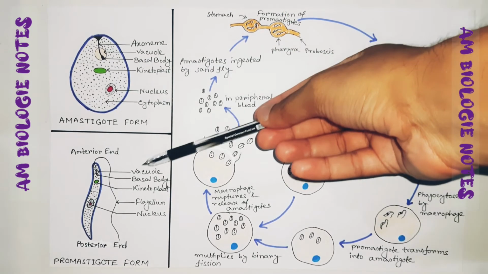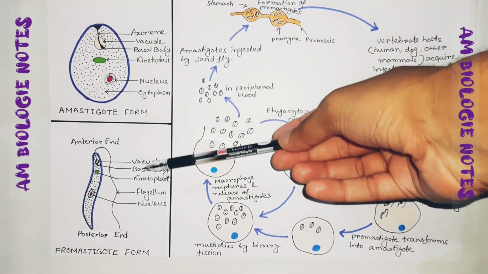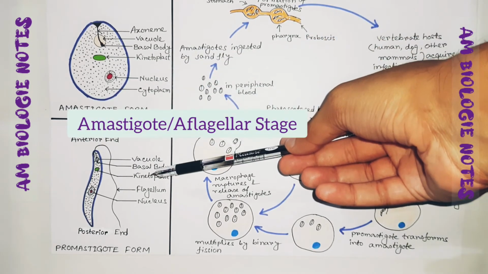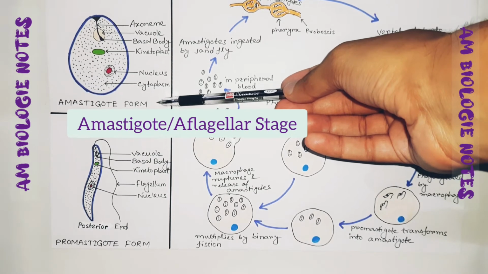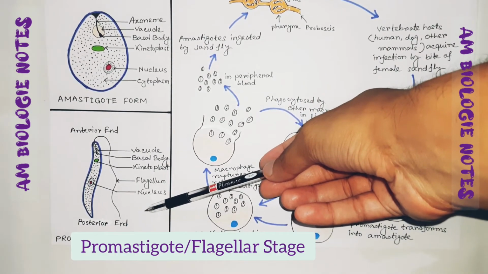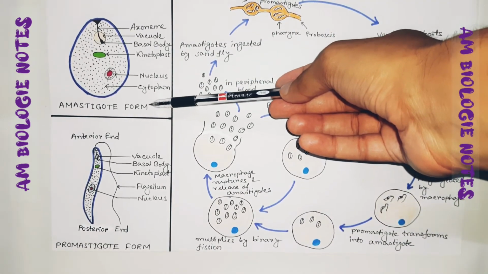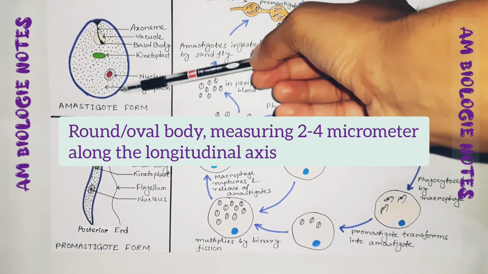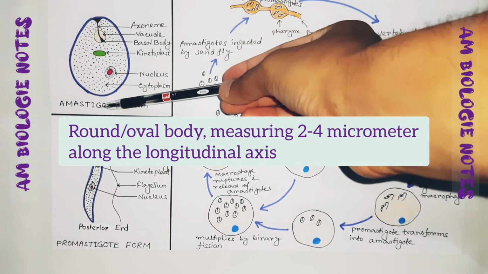In this diagram, I will discuss the morphological characteristics of Leishmania donovani. The parasite exists in two stages, amastigote stage or aflagellar stage and promastigote stage or flagellar stage. This is the amastigote stage. It is a round or oval body measuring 2 to 4 micrometer along the longitudinal axis.